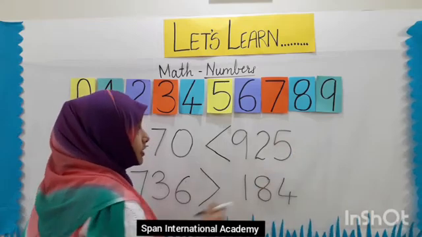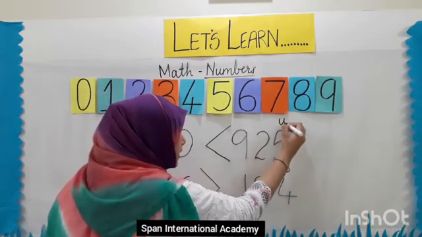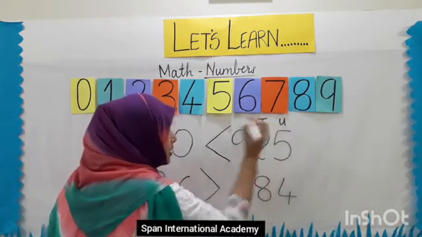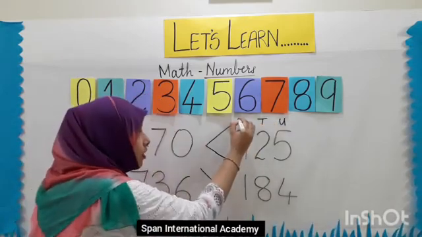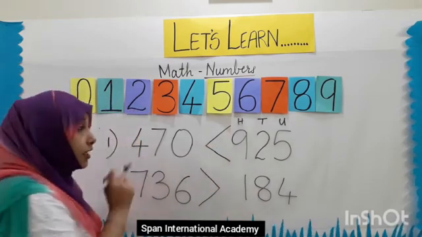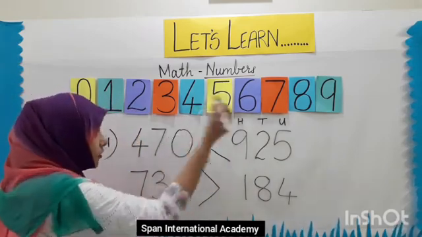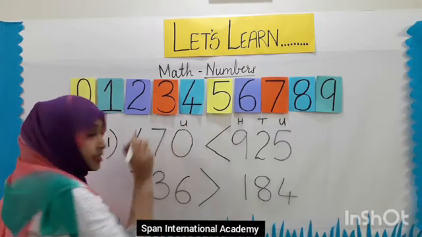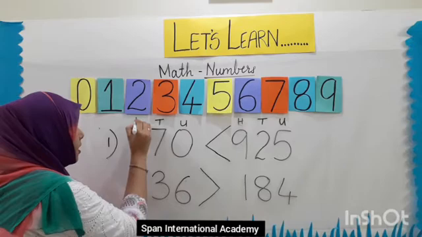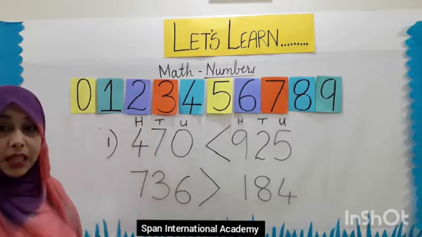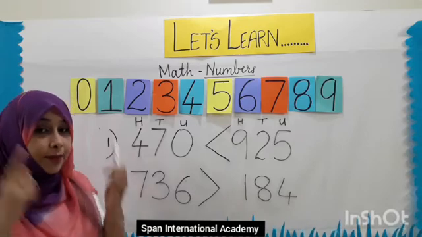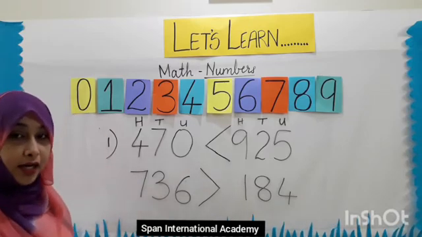Okay? It is the units place. Yes. Then we have tens. And then we have hundreds. Yes. Similarly for this number. To my right, we have units. Then tens. And then hundreds. Now, when you are comparing, always keep in mind how will you compare.